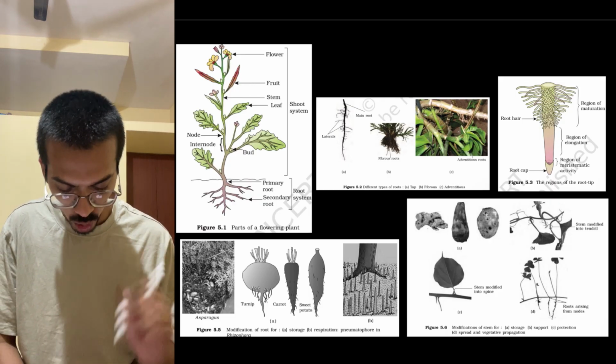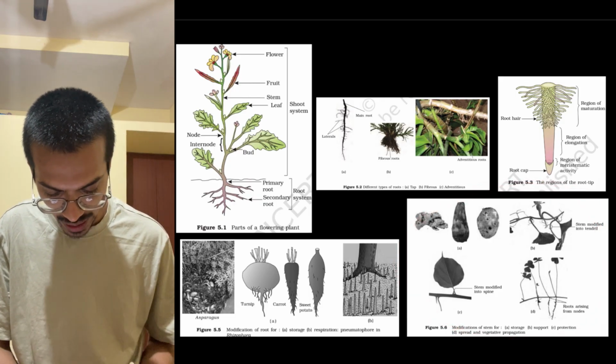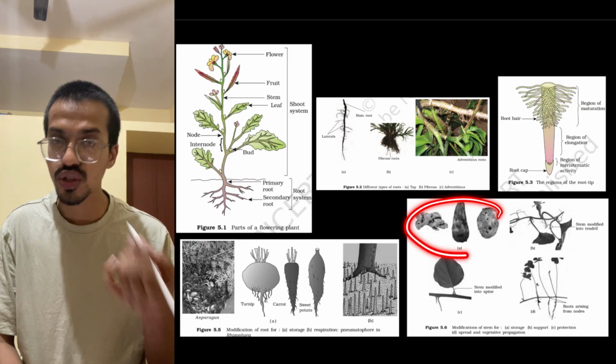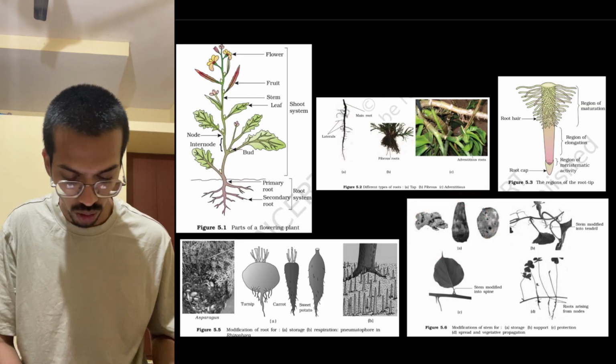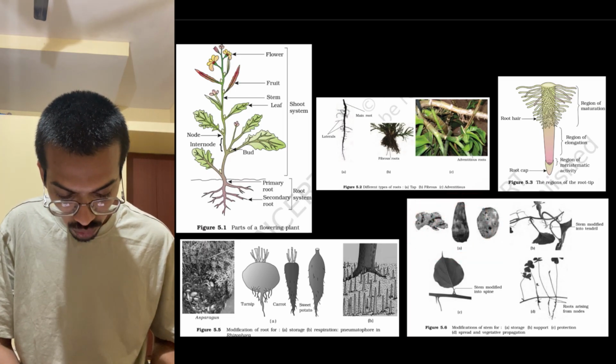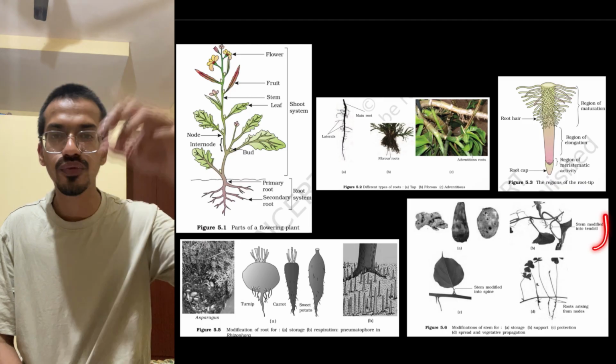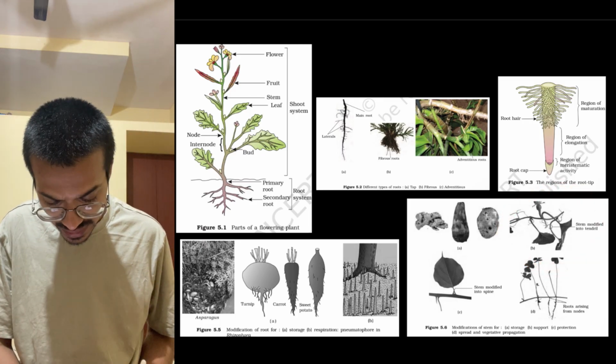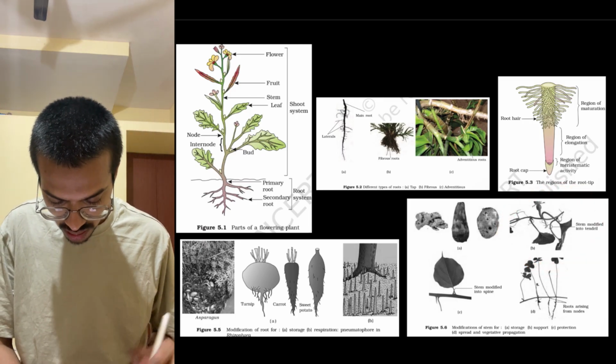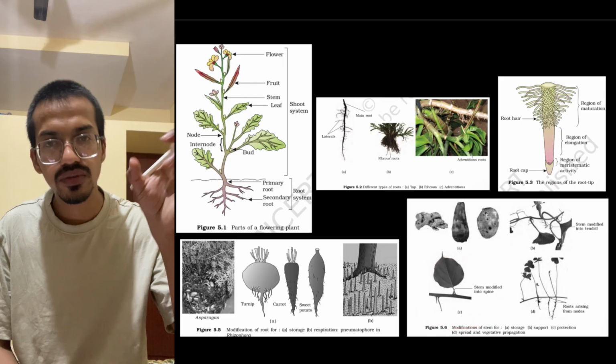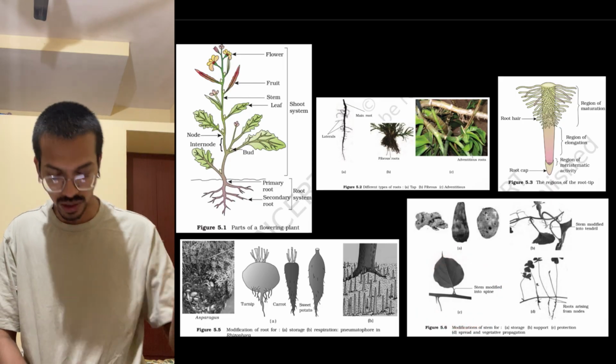Then we have modifications in the stem part. The stem can act as a storage part, like in the case of ginger. The stem can act as tendrils for climbing. The stem can also be modified into spines, which help in protection.